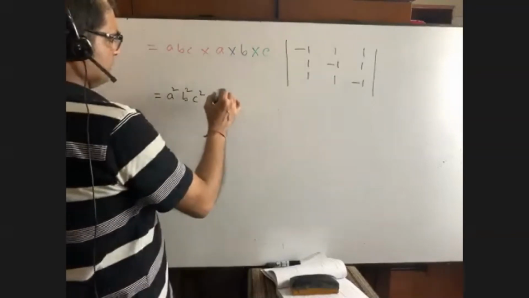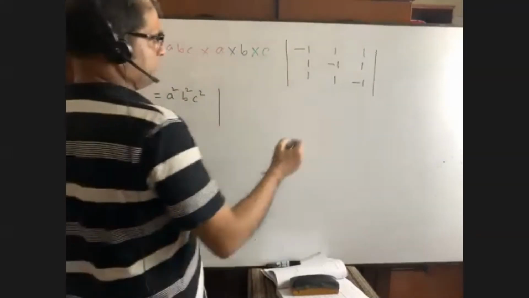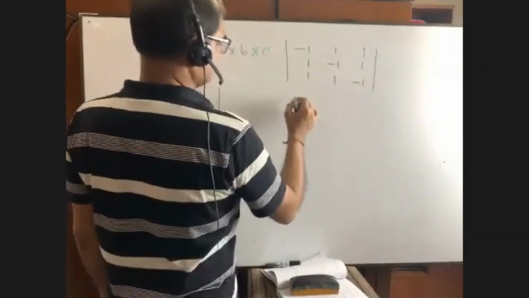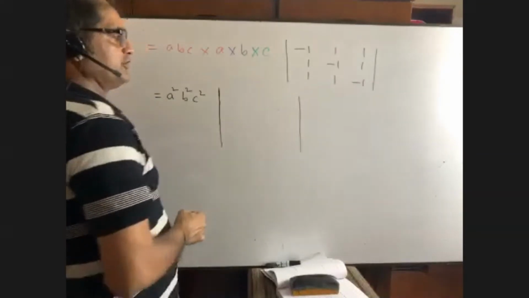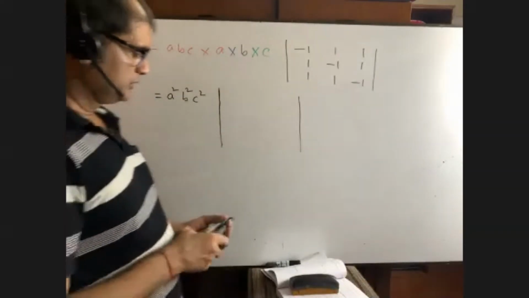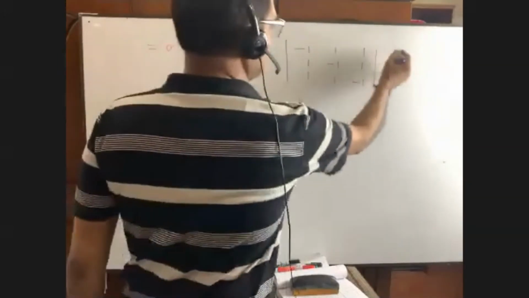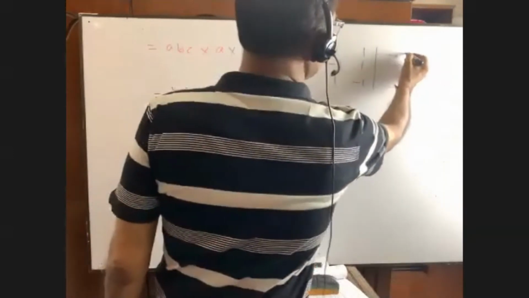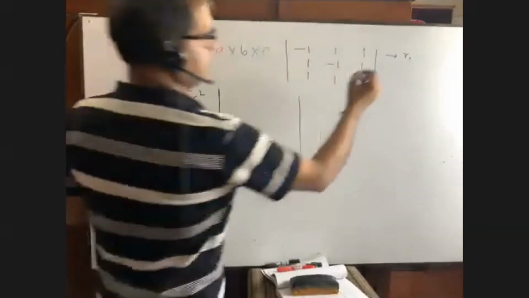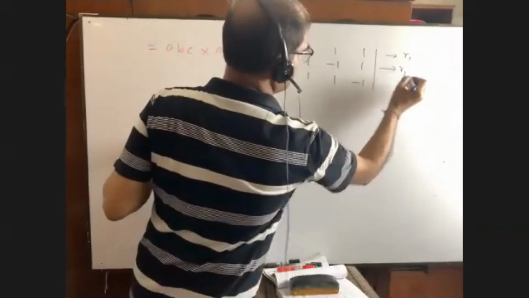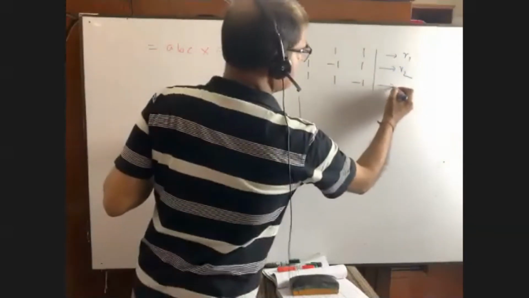Now, please pay attention, all of you, 100% attention. Very interesting. Now, you see, this is row 1, this is row 2, this is row 3.